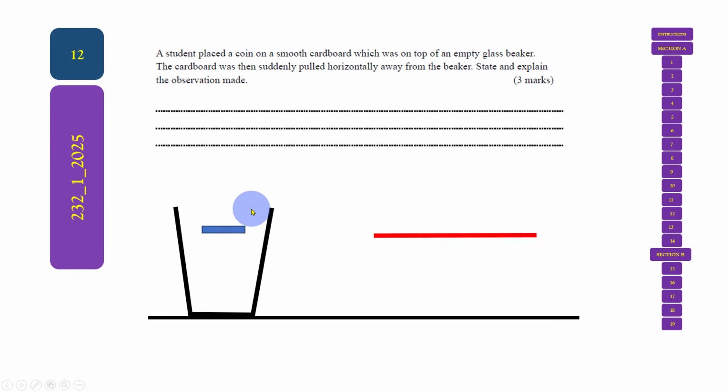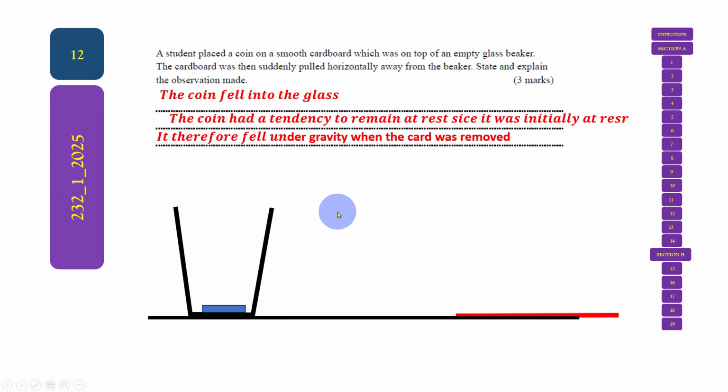And that is why it remained there, but then there was no other force holding it in that position, so it fell to the bottom. So what is expected? The observation was that the coin fell into the glass. It's just as simple as that. You get 1 mark for that.